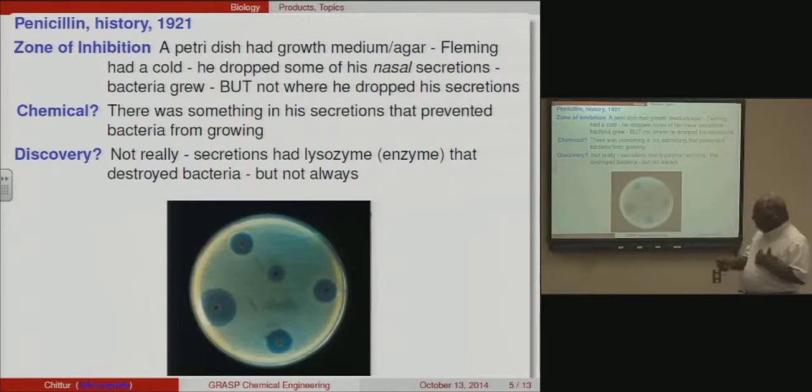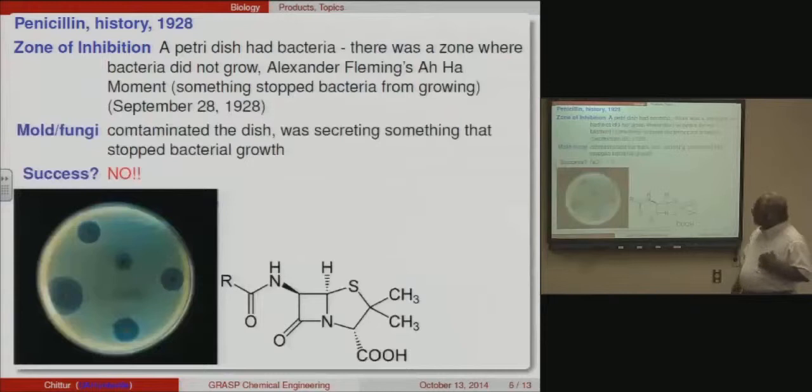And it also did not destroy all bacteria. Several years later, the same scientist working in the lab was working with some other petri dishes where bacteria were growing. And he noticed that there was a region in the petri dish where the bacteria were not growing. And this time it was not nasal secretions.